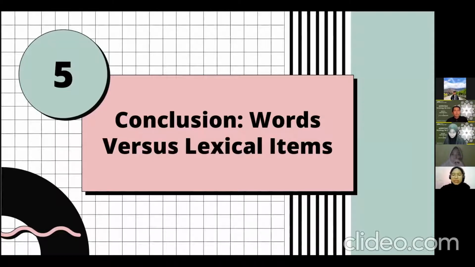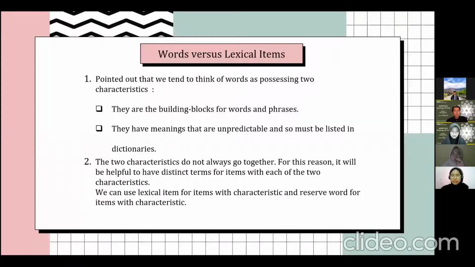So the last topic is the conclusion: words versus lexical items. The first point is that we tend to think of words as possessing two characteristics. One, they are the building blocks for words and phrases.